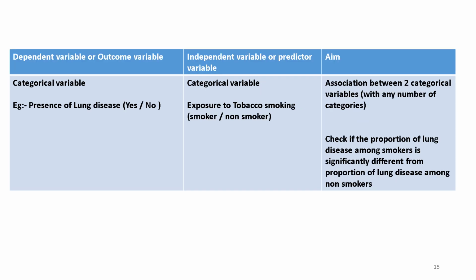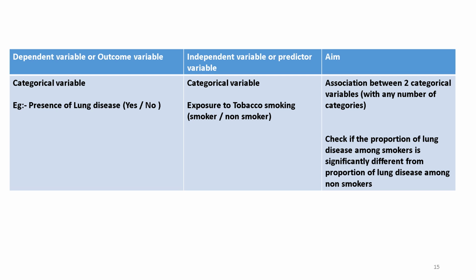Next scenario, the dependent variable is a categorical variable, like presence of lung disease, yes or no. The independent variable is also categorical, exposure to tobacco smoking, smoker or non-smoker. Both are categorical variables.